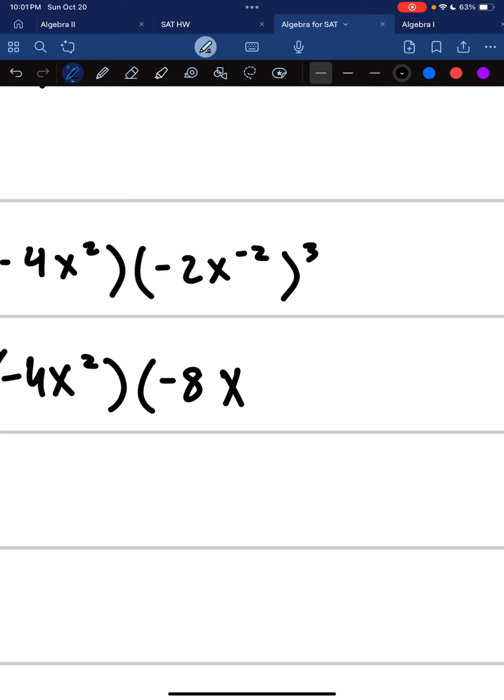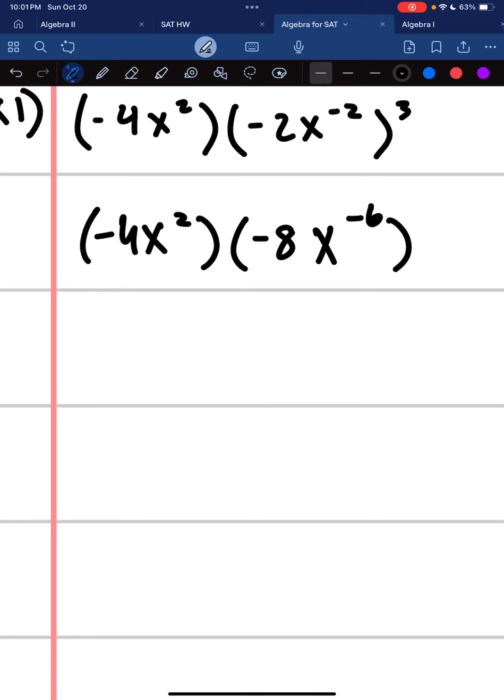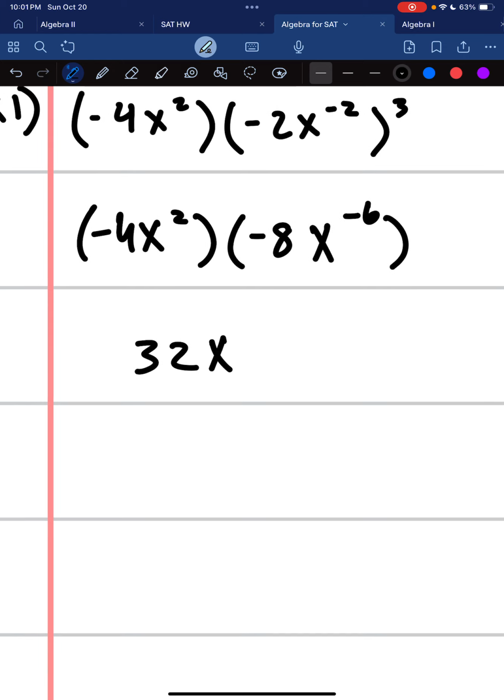So we get x to the power of negative 6. Now I can multiply these two numbers. So negative 4 times negative 8 is 32. And then x to the power of 2 times x to the power of negative 6. Again, I'm going to add their exponents. So it becomes x to the power of negative 2 plus 6, or x to the power of negative 4.